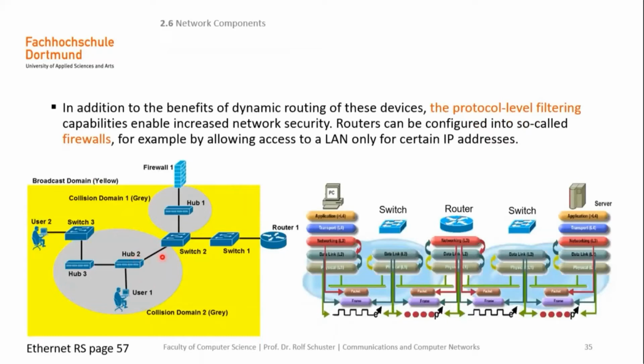And in that case, we could use a router for this purpose. And in typical cases like this, the router is in fact called a firewall. That is a router that performs complex functionalities of traffic filtering.